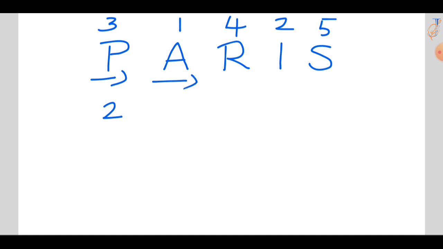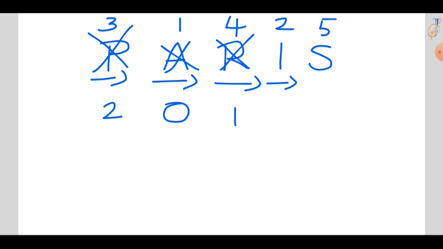Now move to A. Always look to the right. Lower than 1 we don't have, so just write 0. Then move to R. It has 4, and lower than 4 we have only 1, so just write 1. Then move to I. I has 2, a lower letter we don't have, so just write 0. And move to S. Lower than 5 we don't have any letter, so write 0.